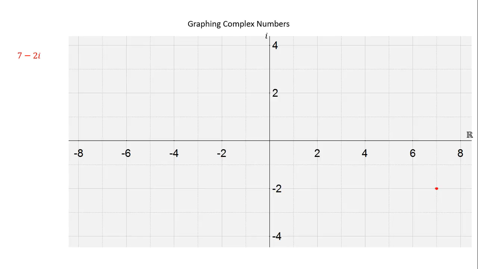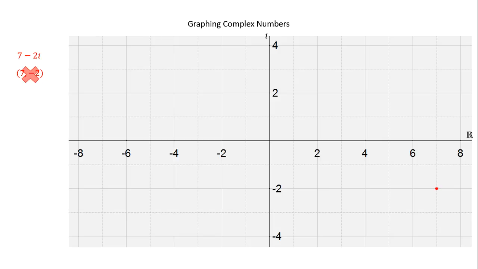And you might be thinking, wow, that looks like the point 7 comma negative 2. It's true. It does look like the point 7 comma negative 2. It's not the point 7, negative 2. Again, it looks like it. It's not. It behaves just like it. If you have to graph an imaginary number, yeah, you can graph it as 7 comma negative 2, and you'll get exactly the right answer.